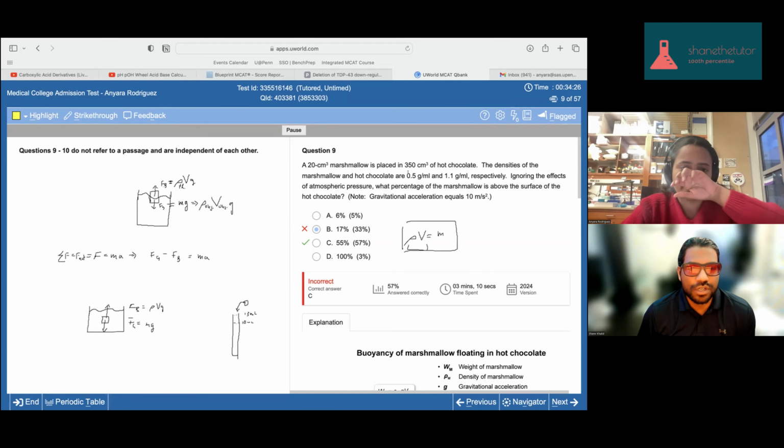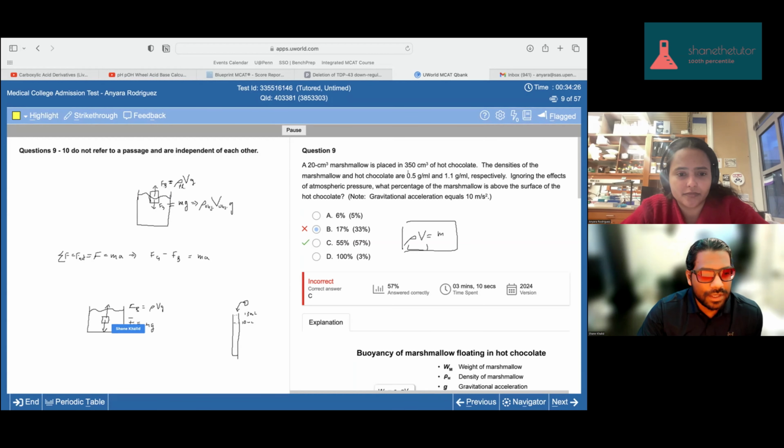So for this marshmallow thing, it's floating. It's not going down or up. Even in this example where I drew something submerged, I drew it stationary there, submerged. So we have no acceleration. So acceleration is zero. So then this is zero, right? And then we can just add the buoyant force on both sides to get this.